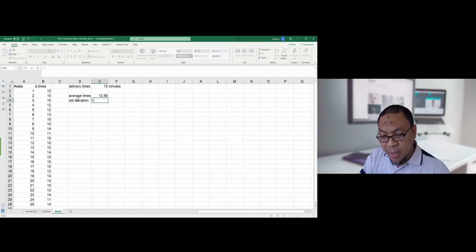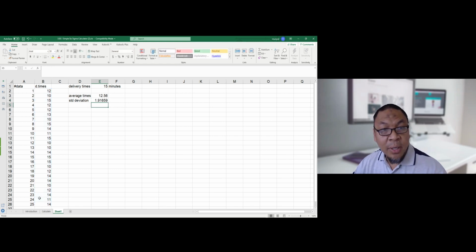Using the formula of standard deviation on this data, we got 1.92 minutes.